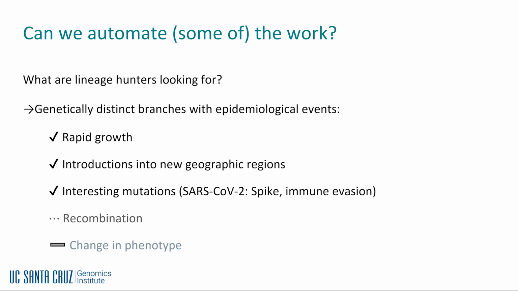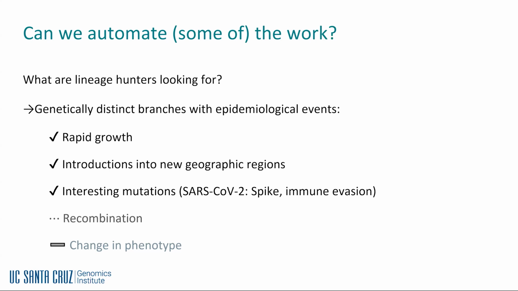When you have a tree and basic metadata, such as the date of sample collection and the country of sampling, we can automate the search for branches that are growing. We can automate searching for introductions into new geographic regions. We can highlight specific mutations, like in the spike protein, that are considered more likely to have a phenotypic effect.